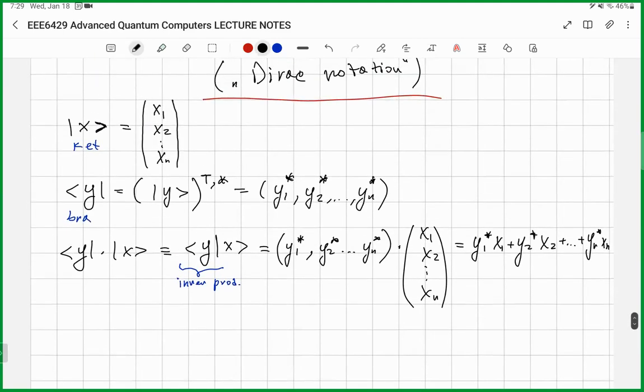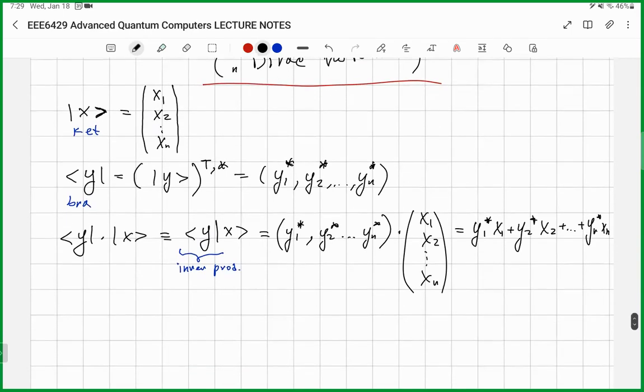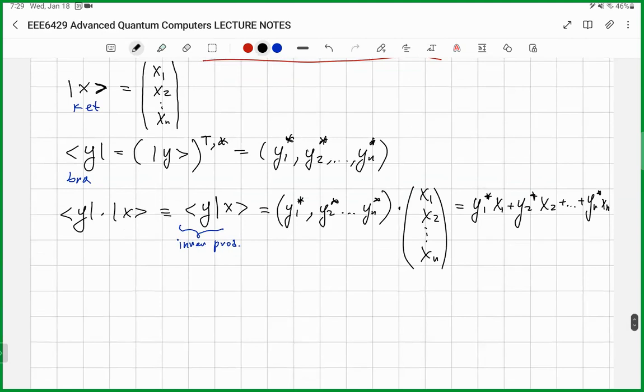Again, the ket is a vector, and the dual vector of the ket is a bra, and the inner product of the two vectors, the ket and bra, gives you a scalar, and on top of that, the scalar is real valued, because you take the complex conjugated component times the component, and take the sum. So this is real valued.